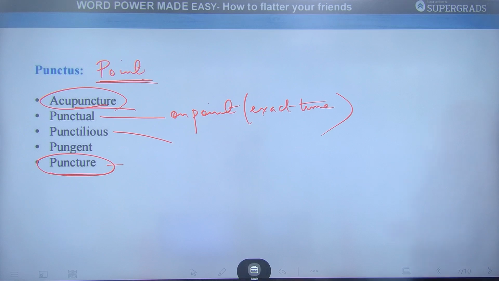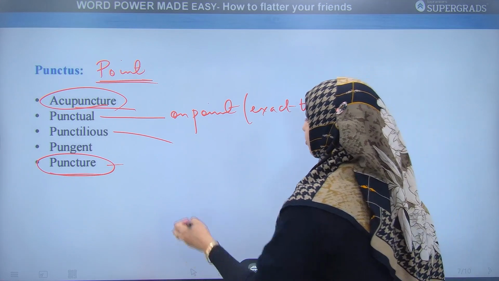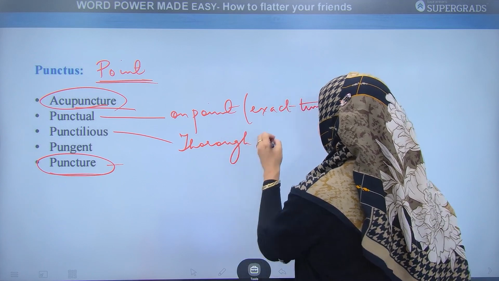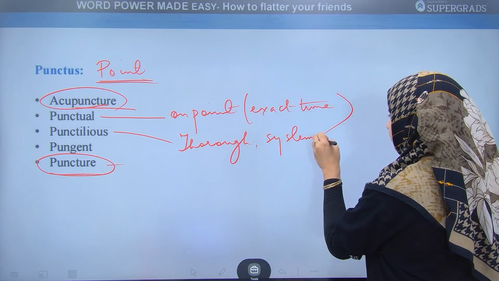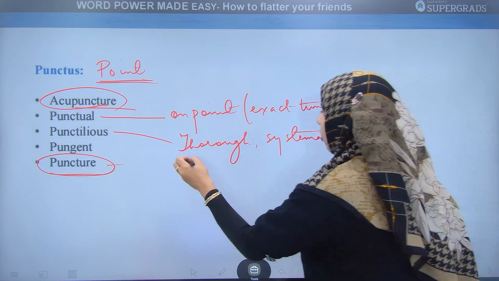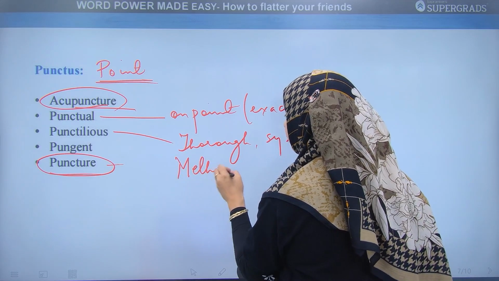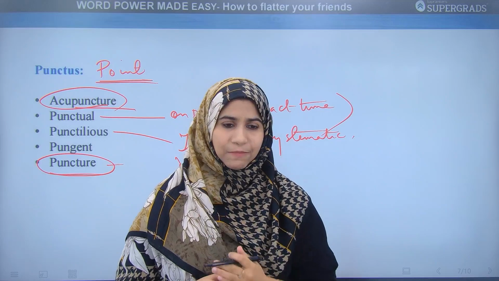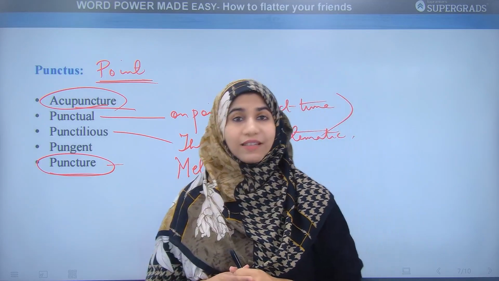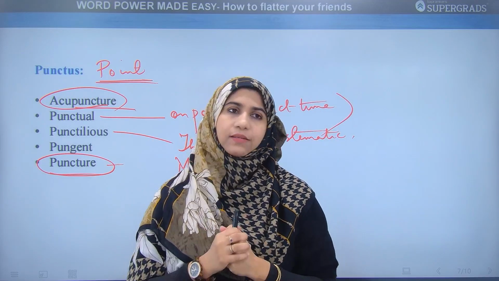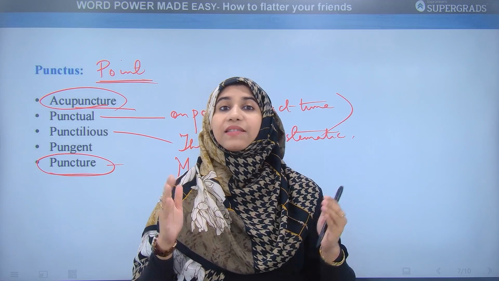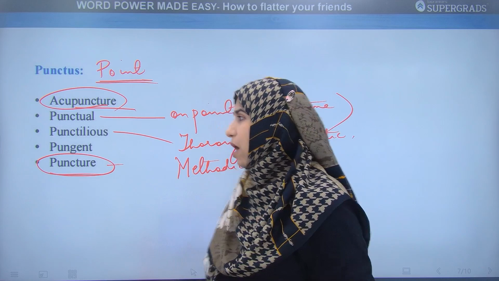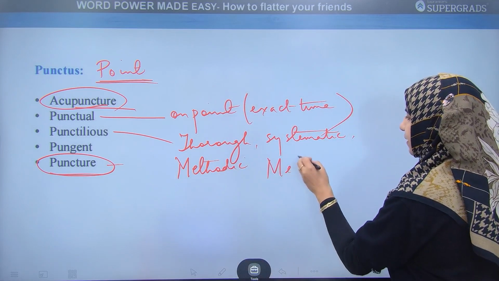Punctilious is a person who is very thorough, systematic, methodic, extremely methodic person जो एकदम point by point systematically काम करता है. So if you're punctilious, you are always working in a very sedulous and a very conscientious way. Fine, you are meticulous, as we say.